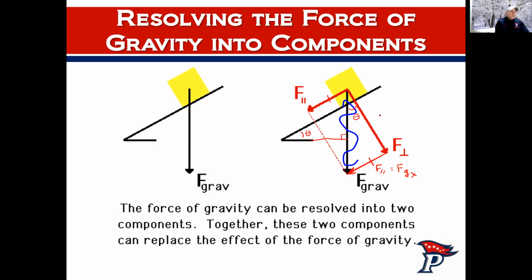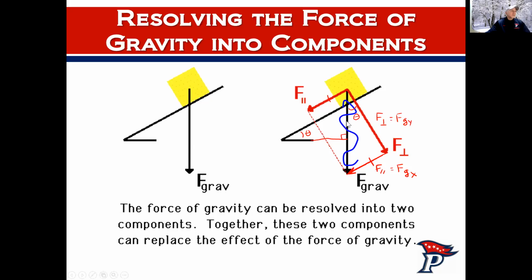And then, I wish they drew it up here, the perpendicular component is really the y component, adjacent to the angle. And so when we find FGY, the perpendicular component, we're actually using cosine. So on inclined planes, that whole idea of x always having cosine goes out the window. This is the exception to how that works out.